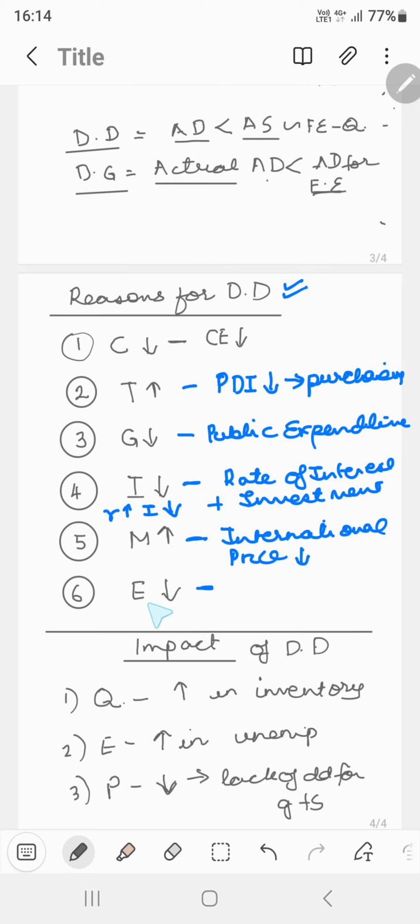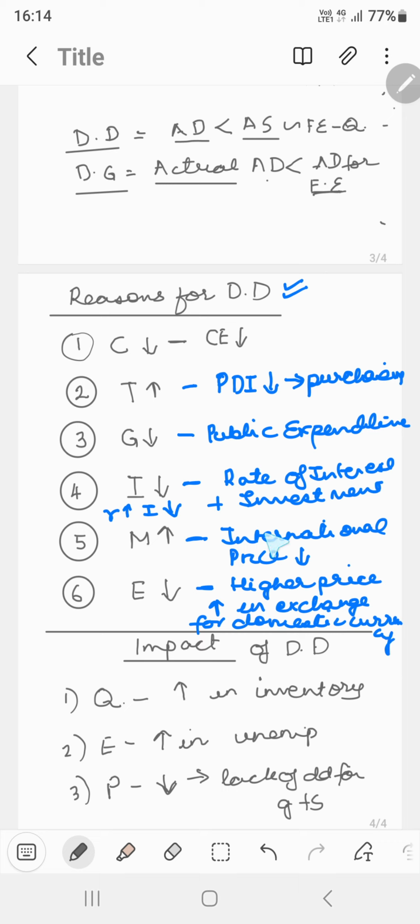The last reason for deficient demand is reduction in exports. Reduction in exports may be caused because our products are highly priced compared to the products available in the international market, or due to increase in exchange rate for the domestic currency. That makes our products expensive. So that's yet another reason for decrease in demand, causing deficient demand.